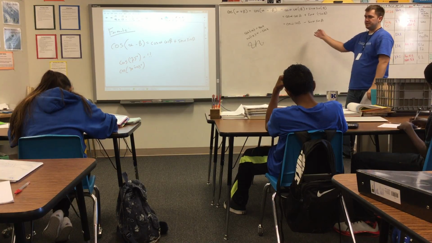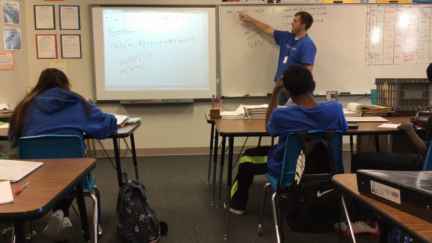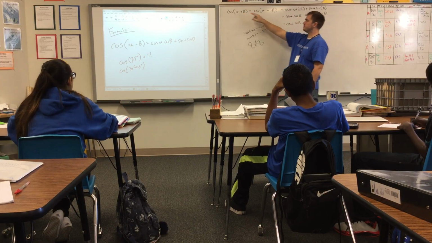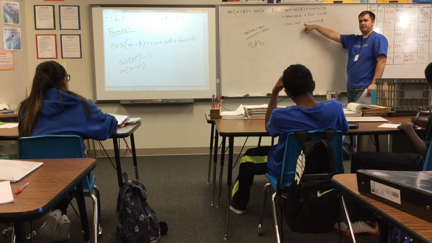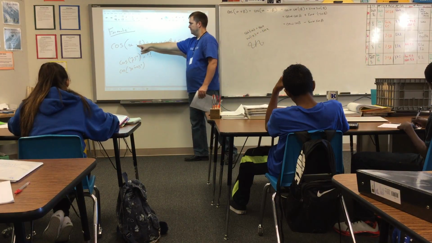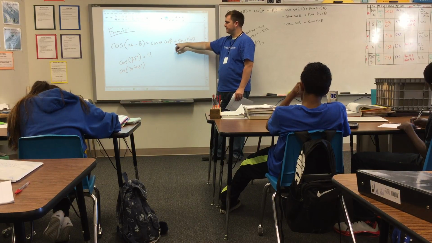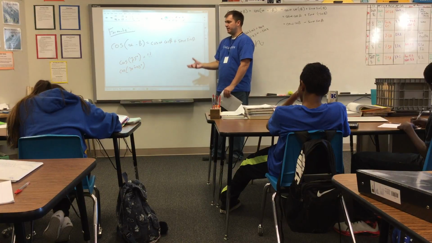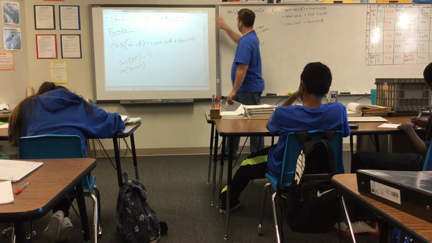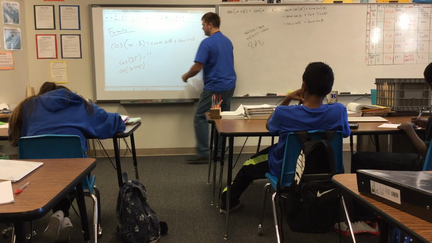So it's an interesting phenomenon: when I have cosine alpha plus beta, there's a minus right here. When I have cosine alpha minus beta, then in between there's a plus. As mathematicians, we really like both those formulas, but we don't want to write both of them down. So this is what we do.